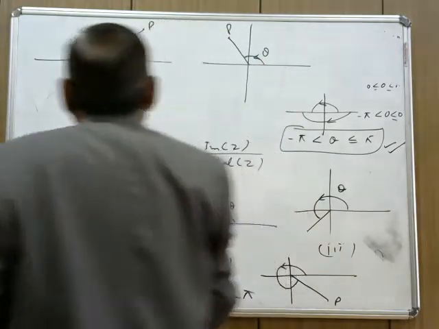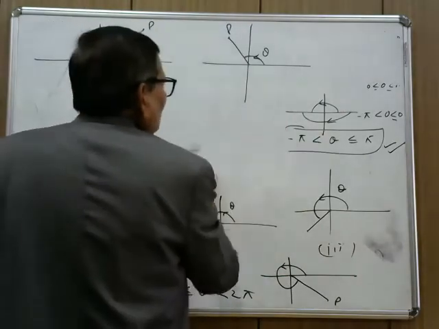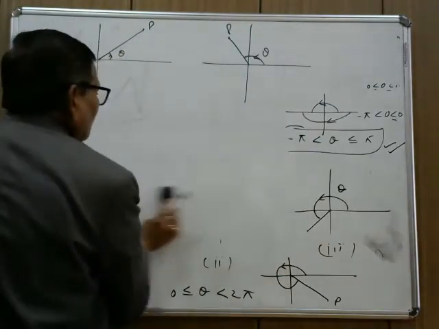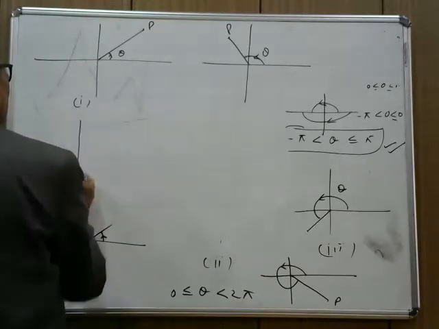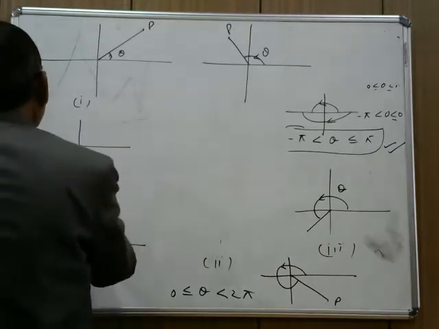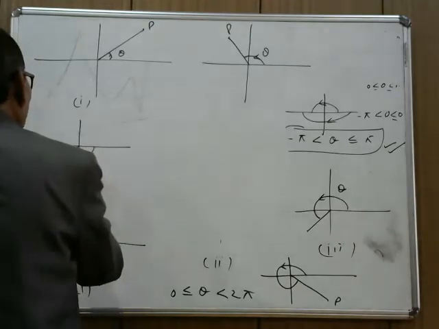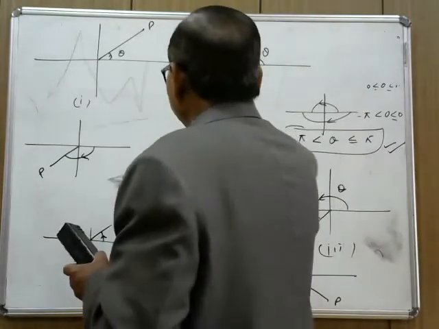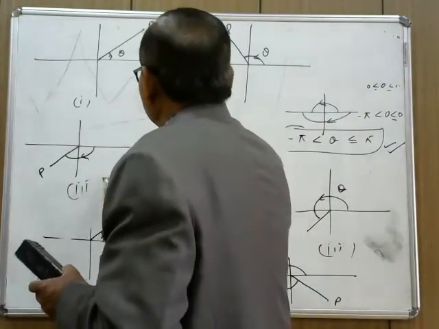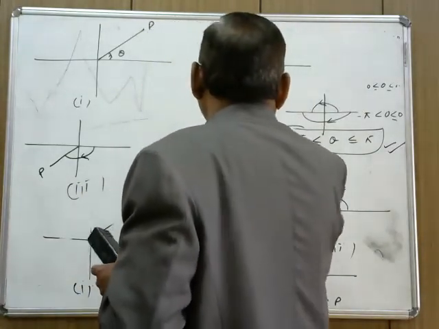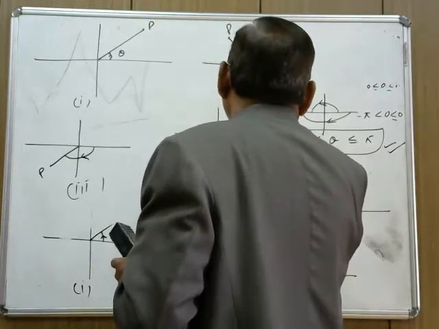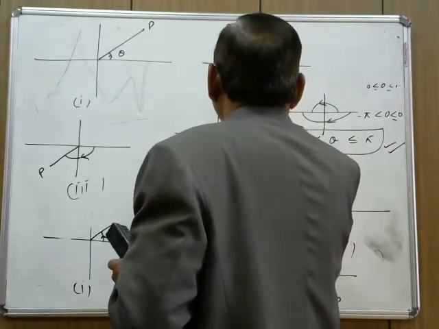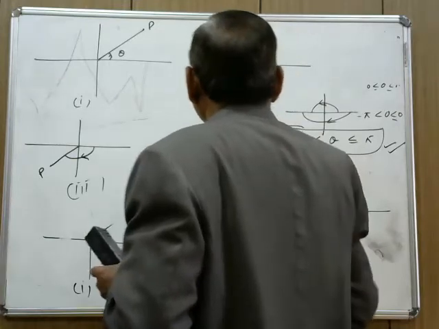When your complex number lies in the third quadrant, your angle is measured in this way for this interval, and this is your third case. In the fourth case, when your complex number lies in the fourth quadrant, your angle is this.